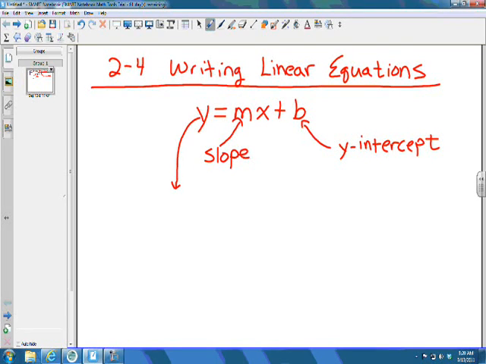So if you know x and y, you can plug those in. If it says the point passes through 3, 4, then you can plug that in for x and y. Okay? So depending on what information they give you, you should be able to plug those things in there.